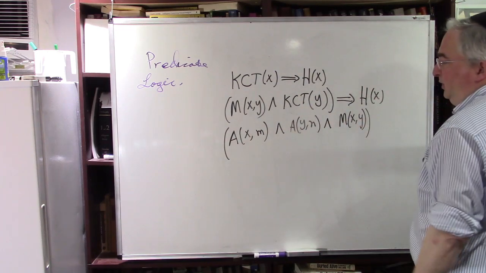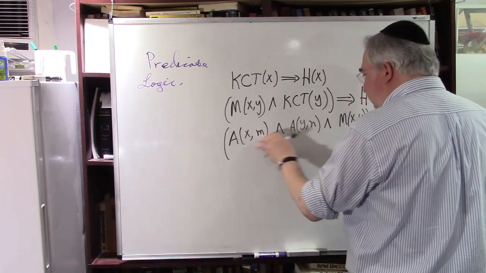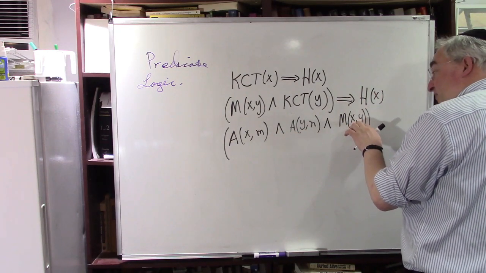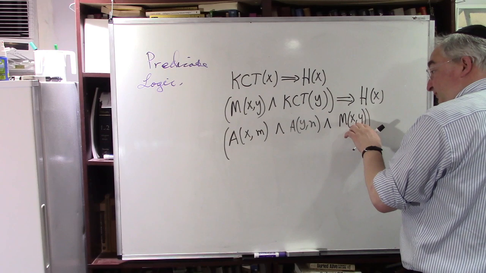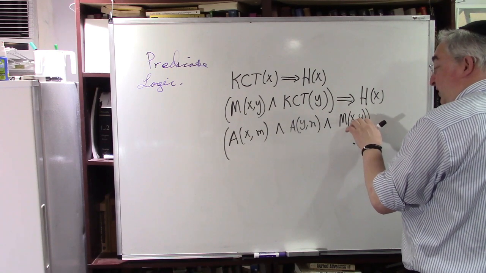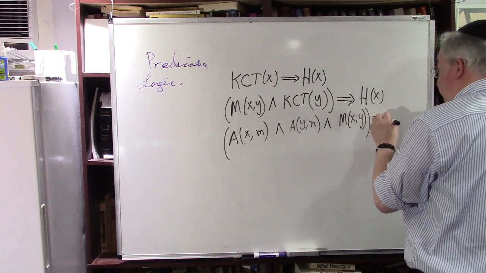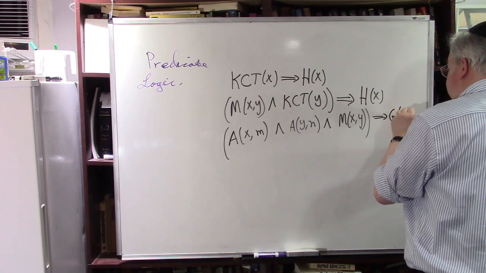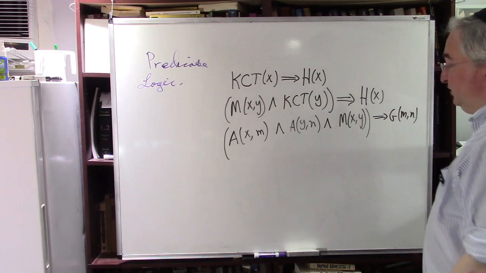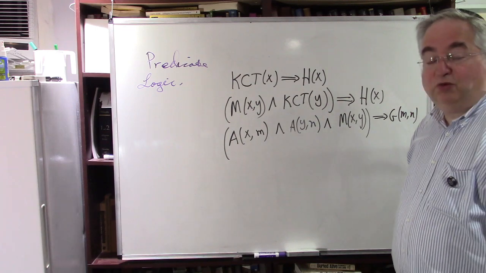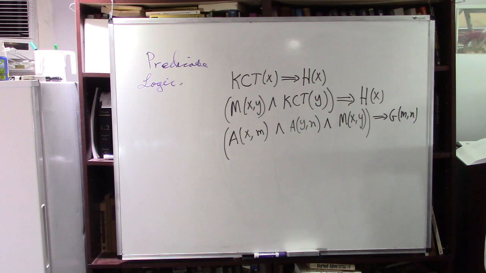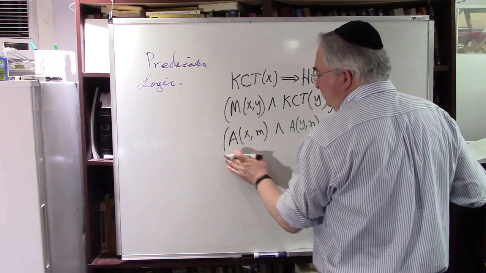So three things. X is m years old, y is n years old, x is y's mother. This implies that G of m comma n. This is a long statement that basically says your mother is older than you are. Almost by definition.